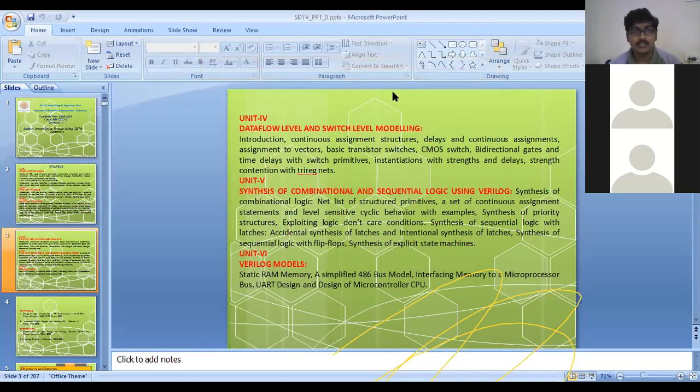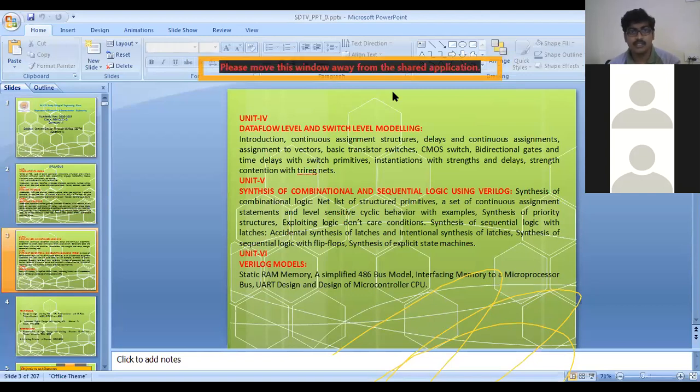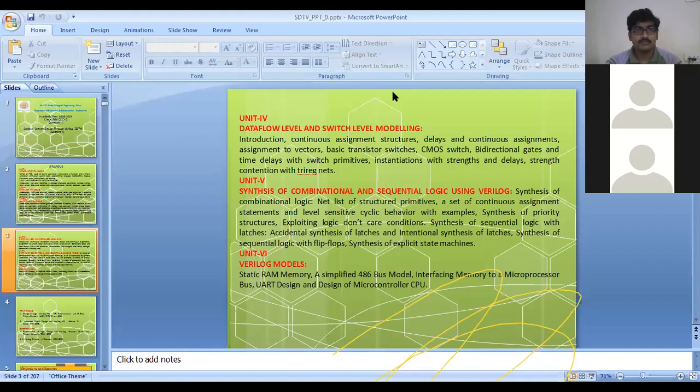In that, you will be seeing the introduction, continuous assignment structures, delays, continuous assignment to vectors, basic transistor switches, CMOS switch, bidirectional gates, and time delay with switch primitives. Also instantiation with strength and delays, and strength contention with trireg nets, in the fourth unit itself.